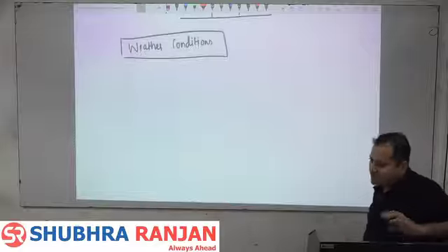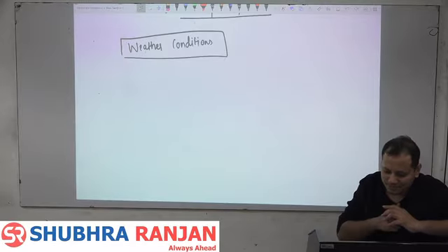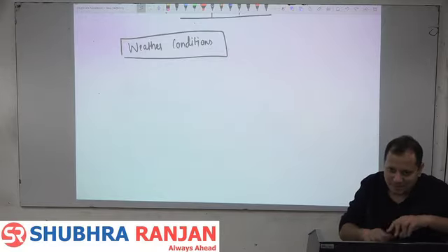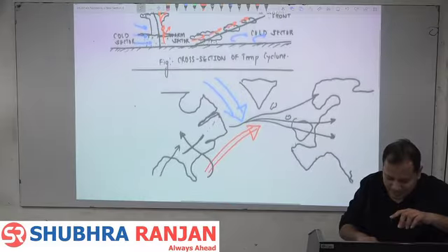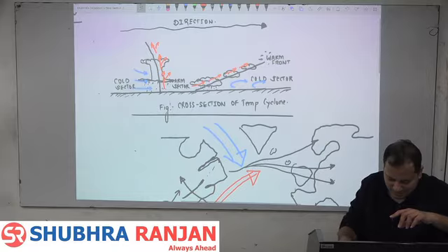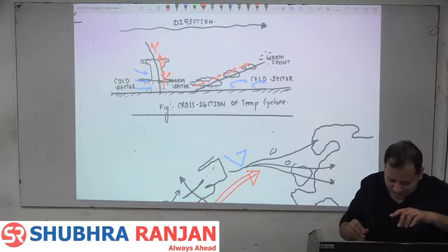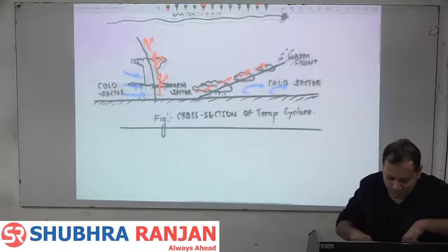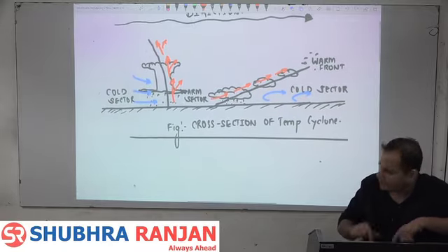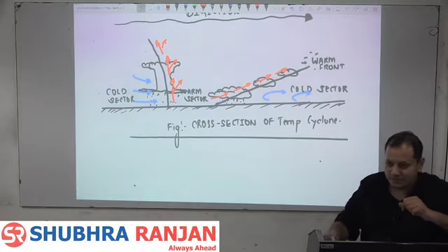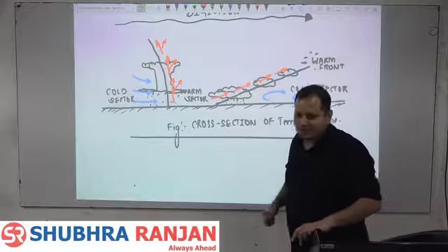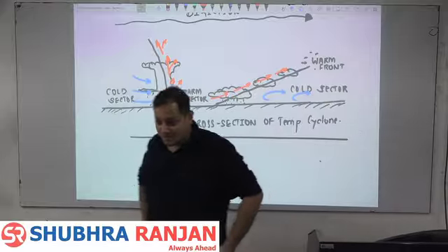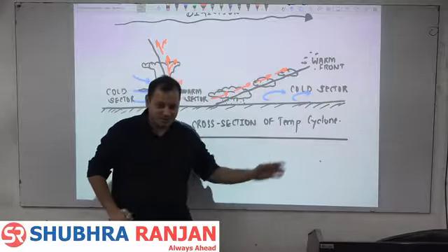Weather conditions of temperate cyclone. Tell me how we are going to write an answer on the weather conditions of temperate cyclone. Just understand this diagram, you already know the weather conditions. In which direction is it moving? Eastwards, west to east.